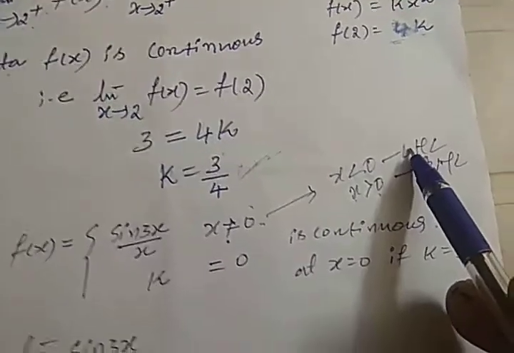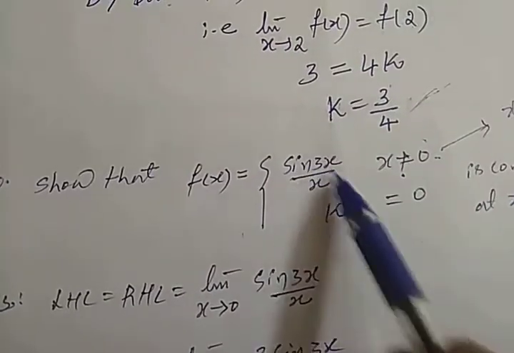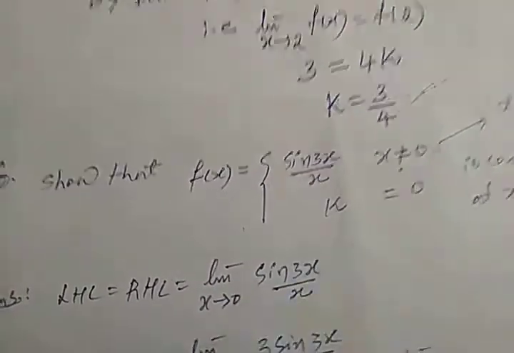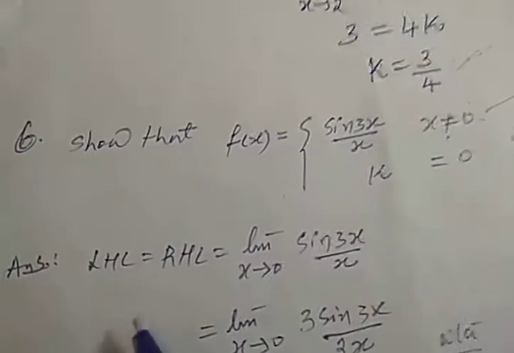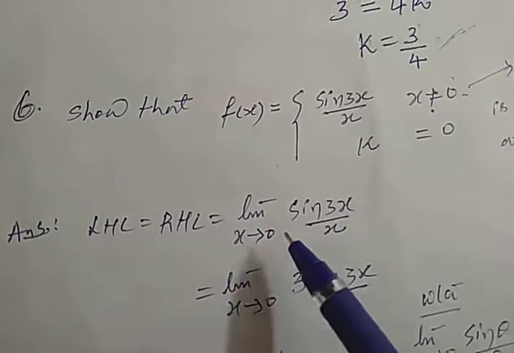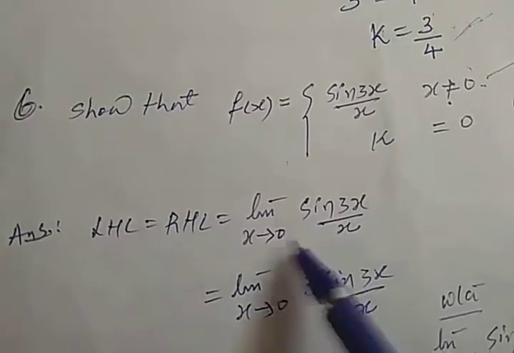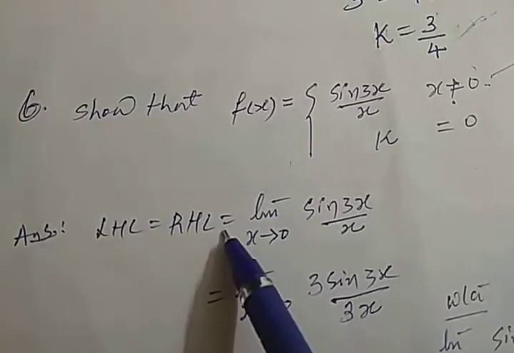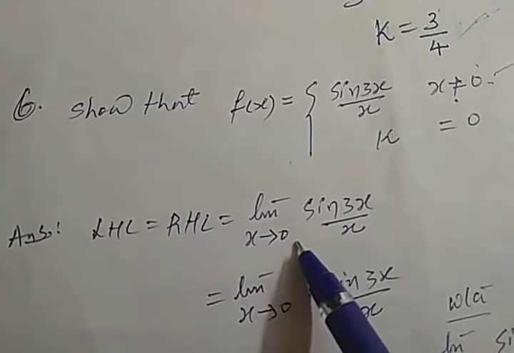Less than 0 is the left hand limit, greater than 0 is the right hand limit. The function is defined for both left hand and right hand, so I consider LHL is equal to RHL. I'm not going to write either plus or minus, because I have considered both.